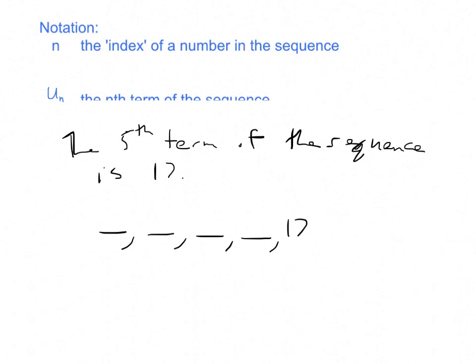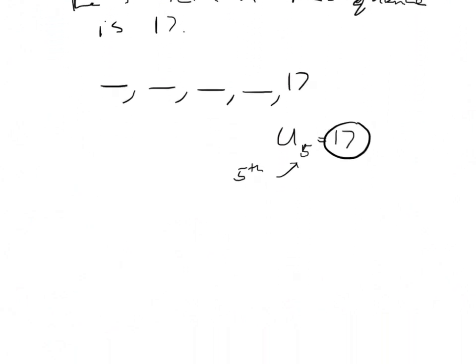In this case, what the problem is effectively telling you is that U sub 5 is 17. It's telling you that the 5th term is 17. And I hope that makes sense. And at the moment, this is all just kind of us testing out notation.